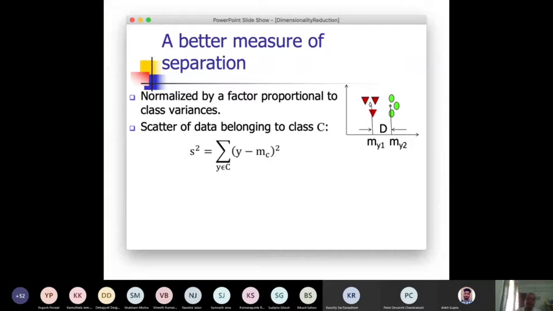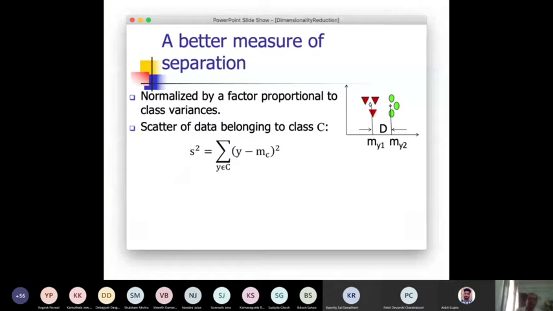And the definition of the scatter for the projected points is very simple. It is simply the sum of squares of deviations from the mean of the projected points. It is almost like a variance, but variance is the average of this sum, whereas the scatter is represented as a simple sum. So it is highly related to the measure of variance.